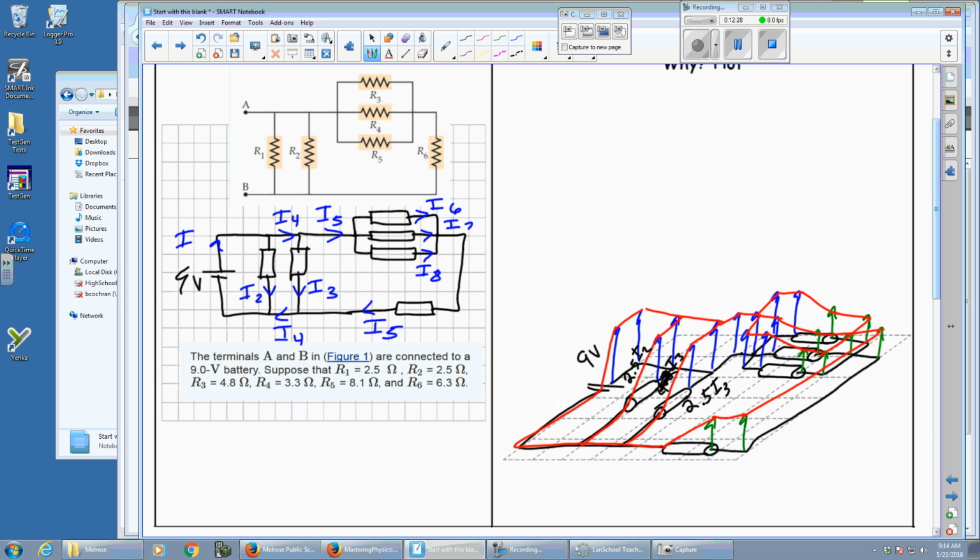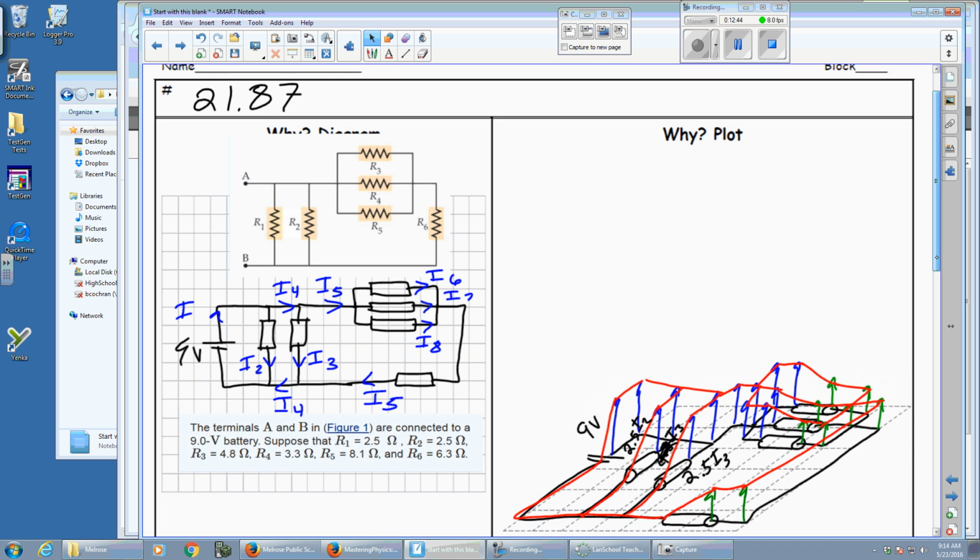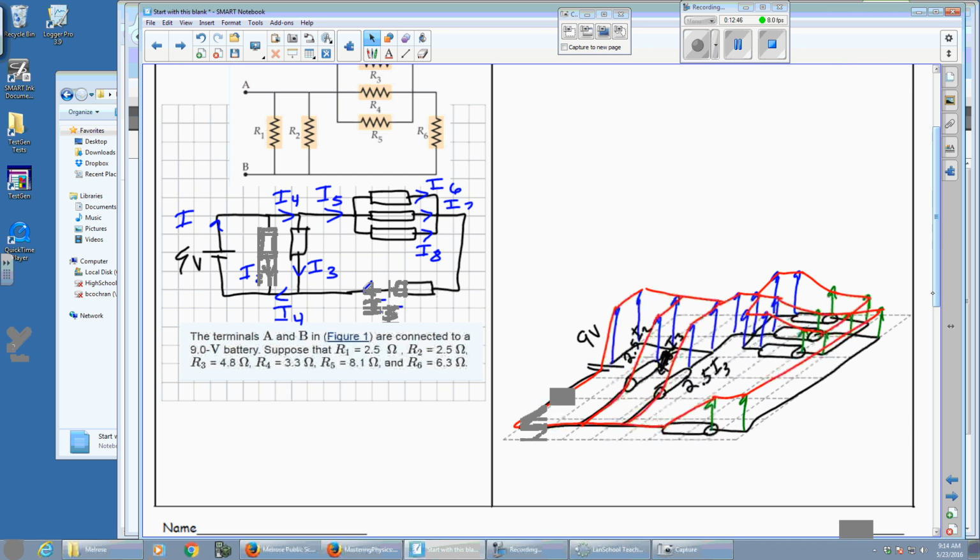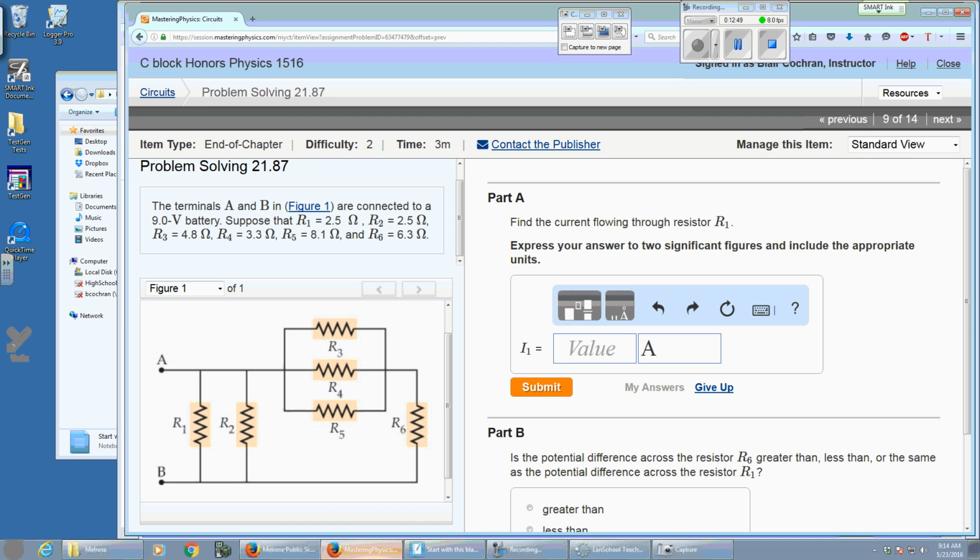Right, they have to be the same value, because they both come down the same 9 volts. And then I would label the rest of these, but I'm getting from most of you that you're not really into it that much, so we'll skip over that labeling, assuming that you have it.